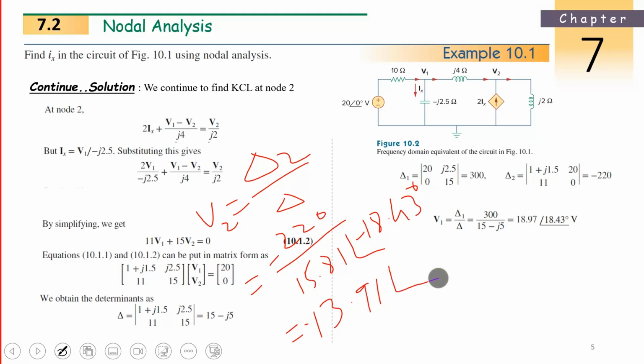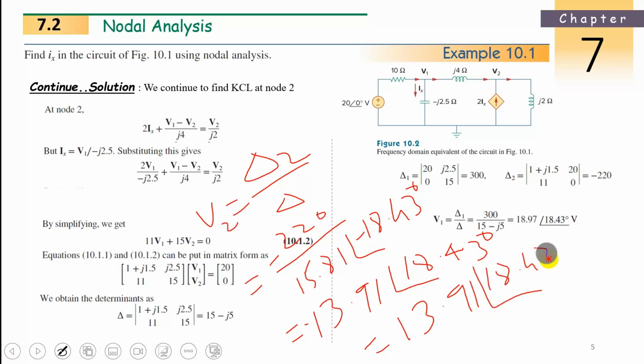At an angle, this will become plus 18.43. But the answer is not good, because the minus sign is there. You have to put the minus sign inside. What do we have to do? 13.91 at an angle 18.43 plus 180 degrees. If you want to remove the minus, it should go inside, which means you have to add 180 degrees.